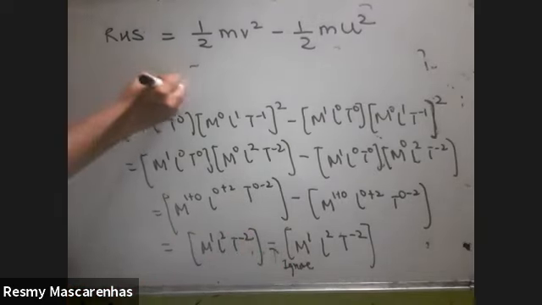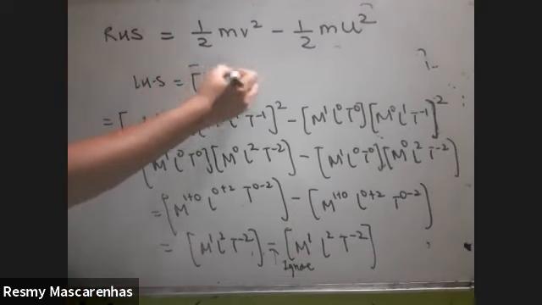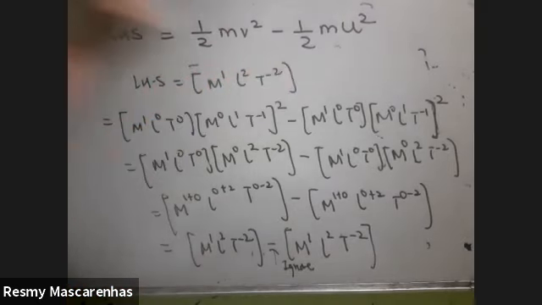We have the left hand side also the same. As long as all these three are the same, you know that left hand side is equal to right hand side. Just write there, left hand side equals right hand side, and therefore the equation is dimensionally correct. If anyone has any doubt in the third one, you can ask.